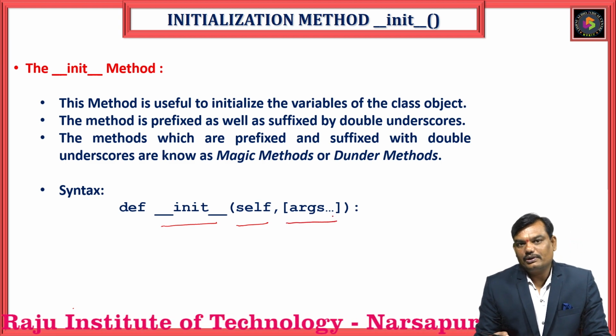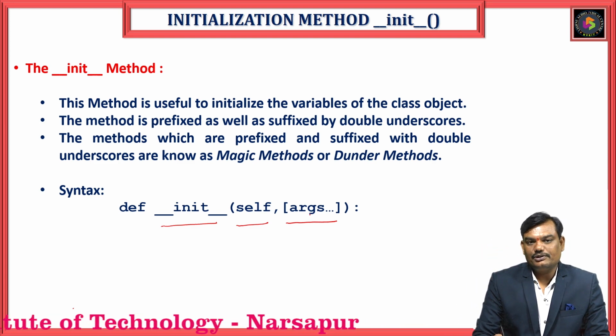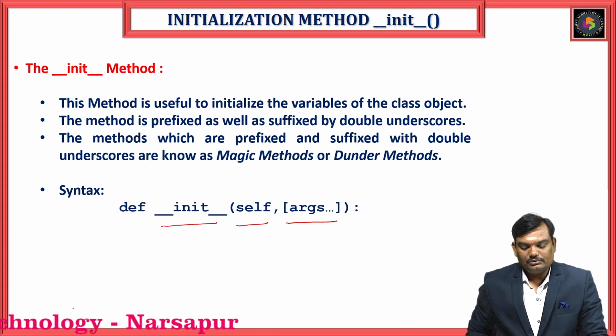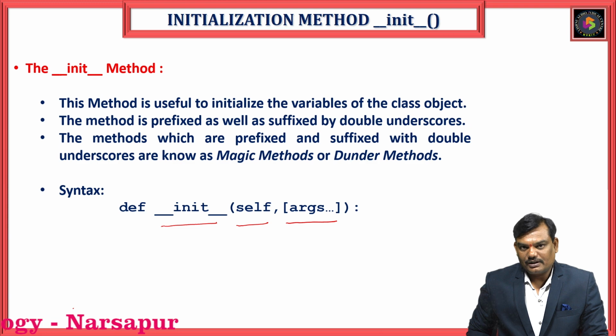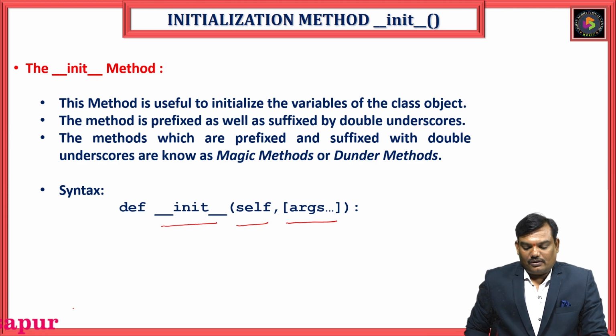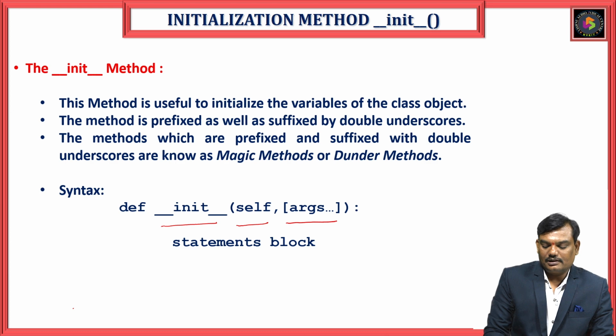Whatever arguments you require for the function, that many arguments you can pass into this parameter list. This is the syntax that you need to follow to define the initialization method inside the class. In this function block, you have to do the initialization. Those initialization statements have to be written inside this function block.